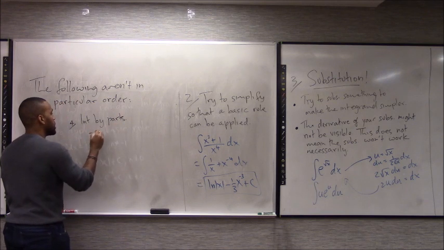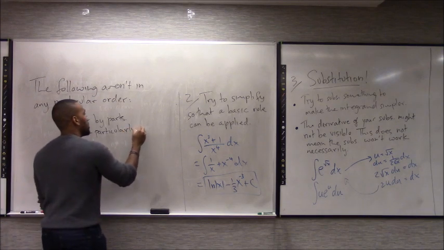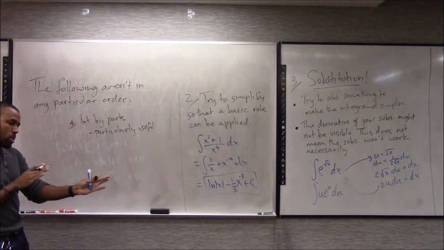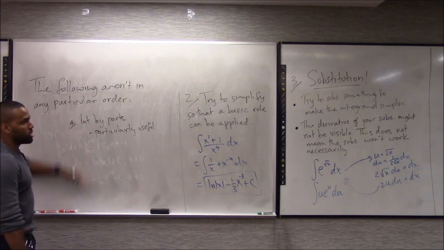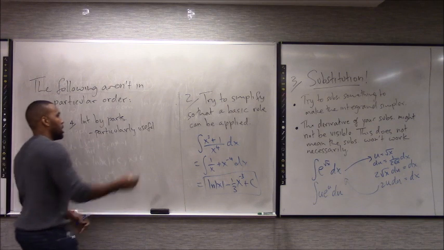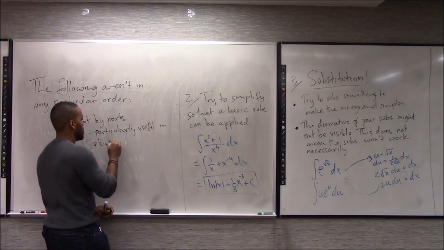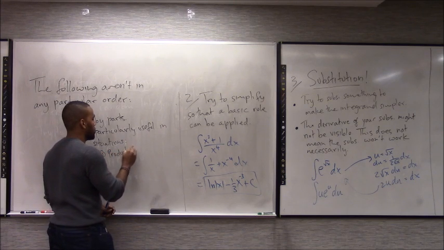And this is particularly useful, not the only situation, but you'll tend to want to think of this first rather than somewhere lower, in situations where, like 1, you have a product of 2 different classes of functions.